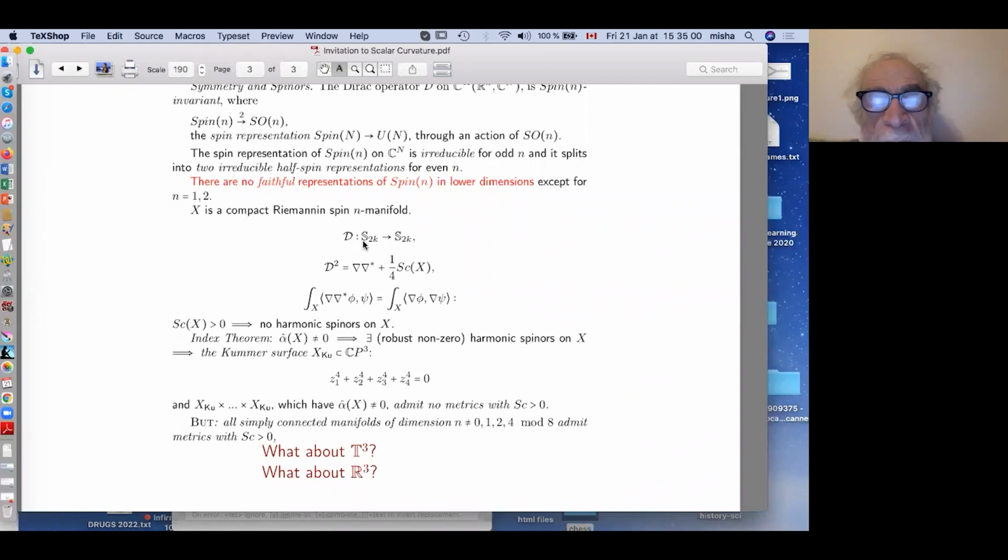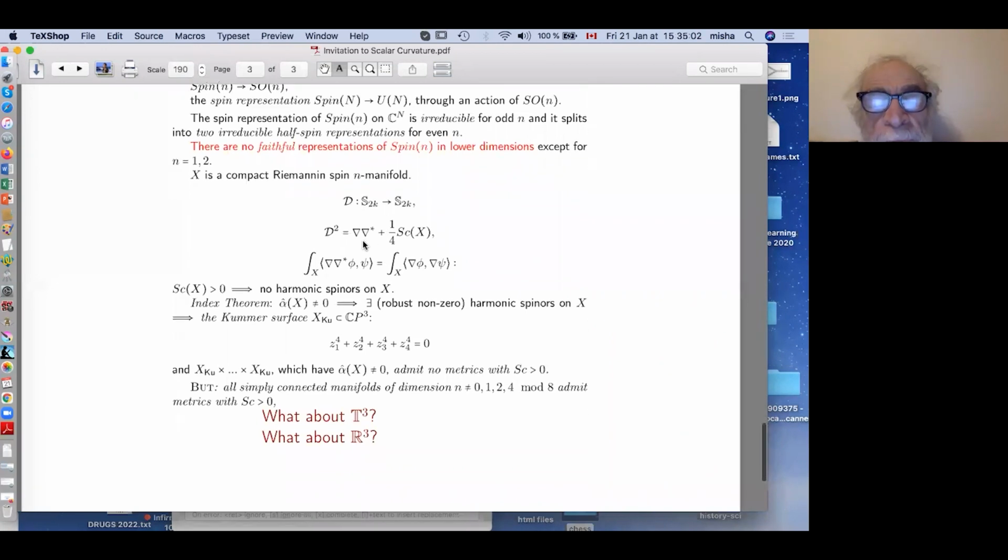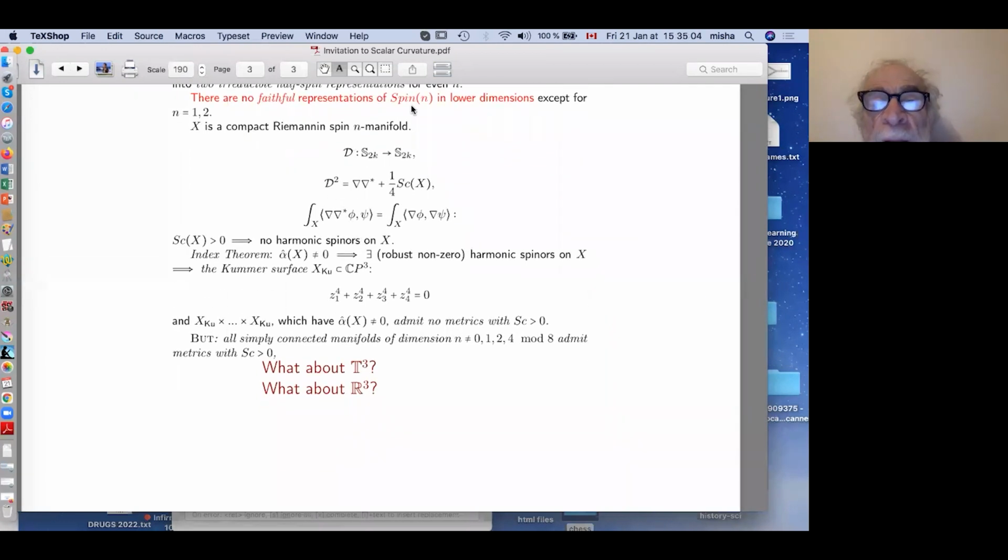So he knew this formula and was very happy with it. And then you can say, granted this formula, you cannot have harmonic spinors. By harmonic spinors, solutions of the equation, I mean non-zero spinors. So there are no harmonic spinors.